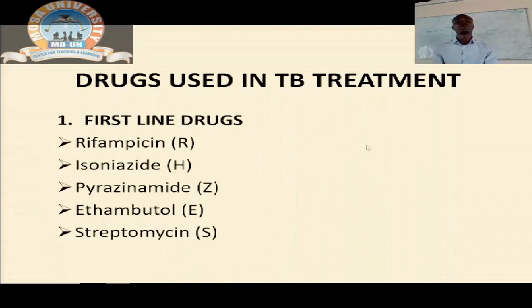In this slide, we are going to discuss the first-line drugs in tuberculosis.